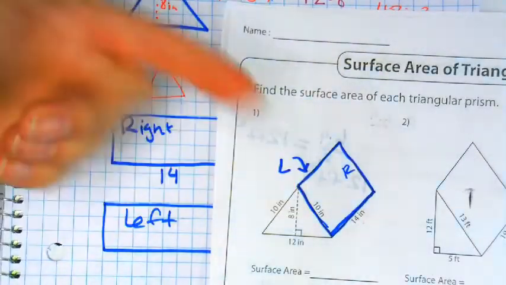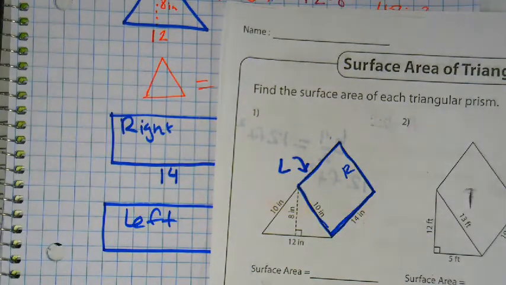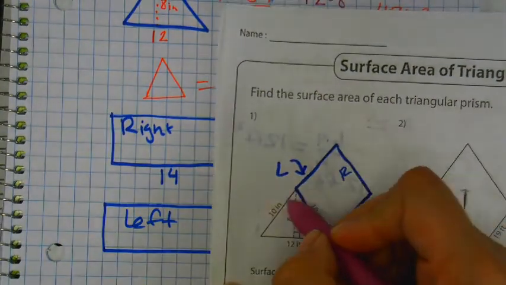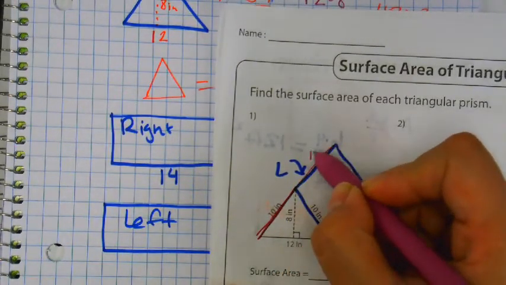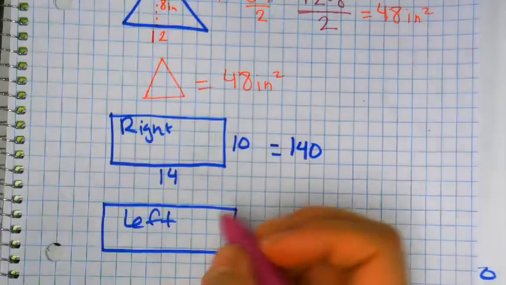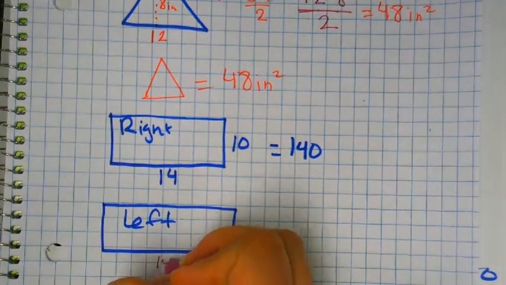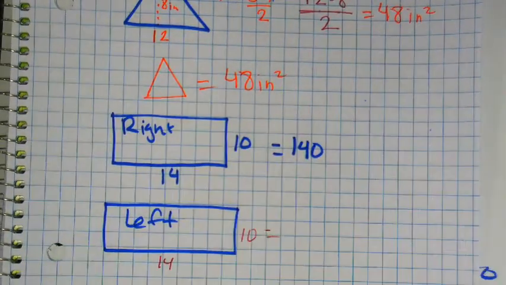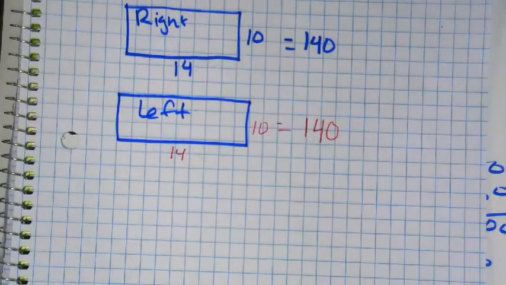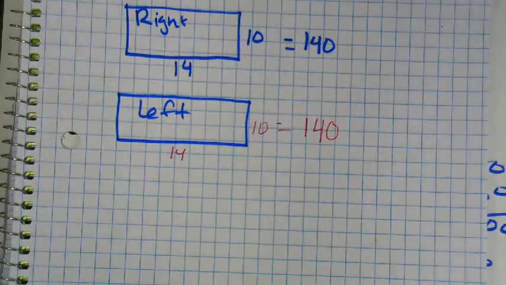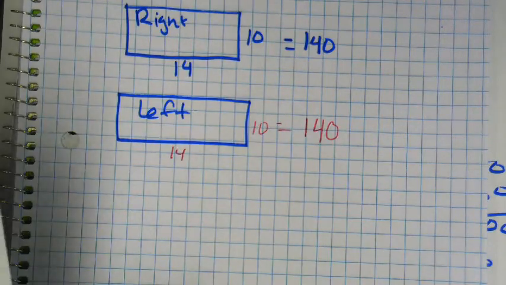It's like in the back. 10 and 14. This number is associated with the rectangle, and this is also 14. So again, I'm going to do 14 times 10. What's 14 times 10? 140. Since it's an isosceles triangle, two sides are equal. Isosceles triangles mean that two sides are equal. All right, what's left?